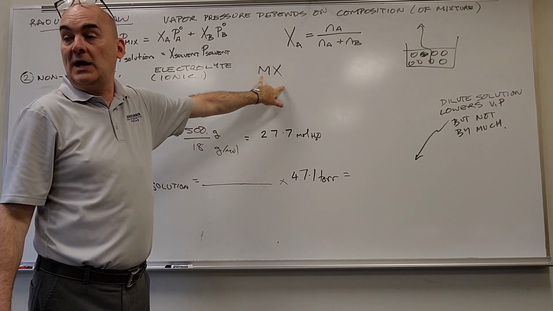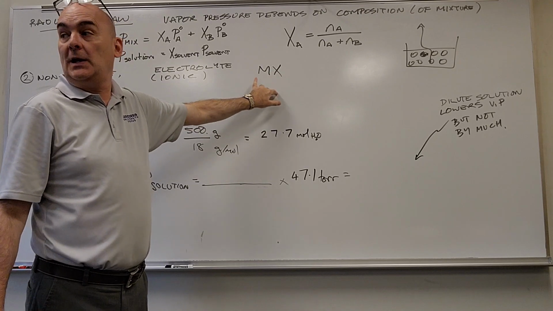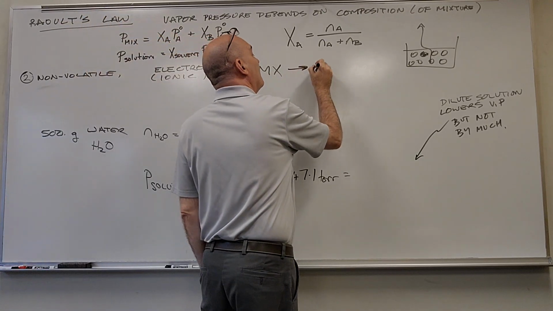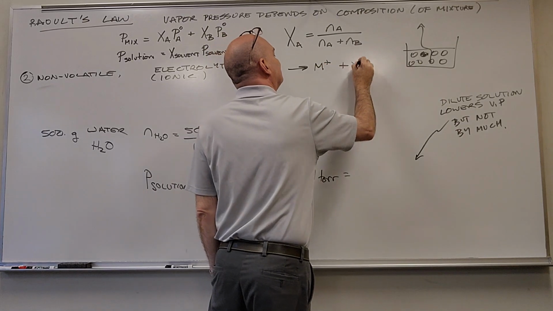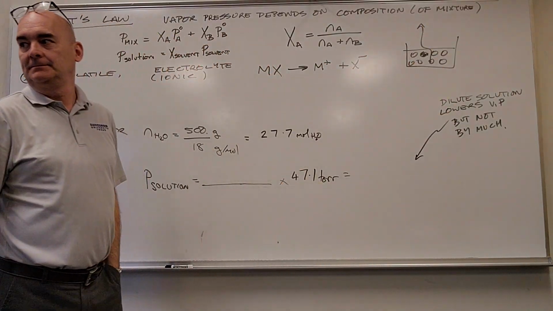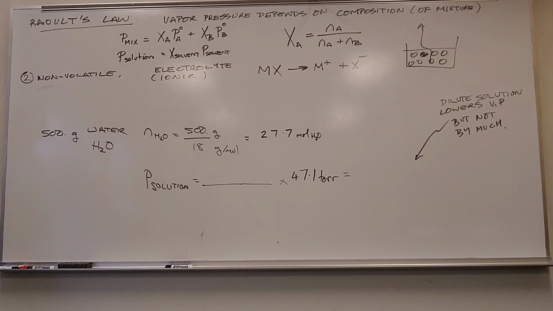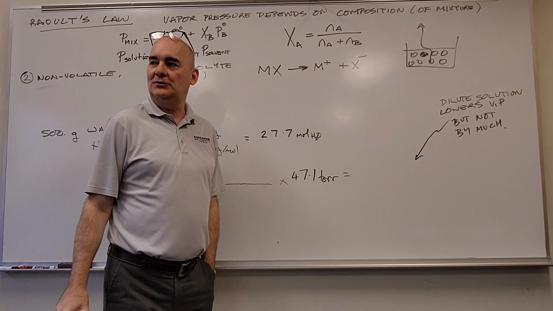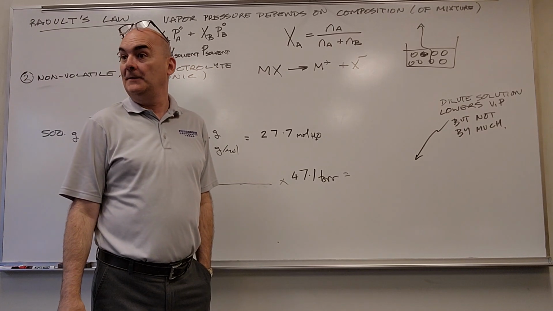Big difference in electronegativity to the point where they become ionic. When they dissolve in water, they ionize. That means there's now more stuff in solution than there was when it was just covalent.